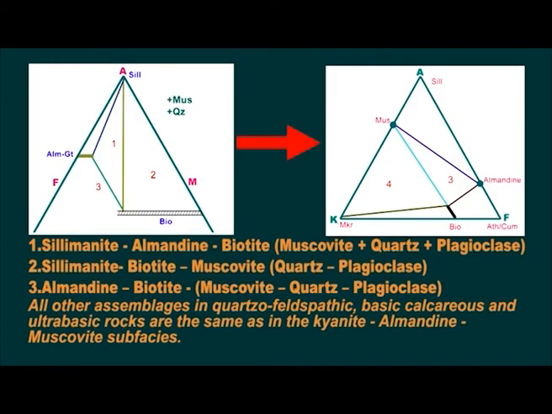Mineral assemblages. The typical pelitic mineral assemblages are: number 1, sillimanite, almandine, biotite with muscovite, quartz and plagioclase. Number 2, sillimanite, biotite, muscovite with plagioclase and quartz. Number 3, almandine, biotite with muscovite, quartz and plagioclase assemblages. The quartzo-feldspathic, basic, calcareous and ultrabasic rocks are the same as in the kyanite-almandine-muscovite subfacies.